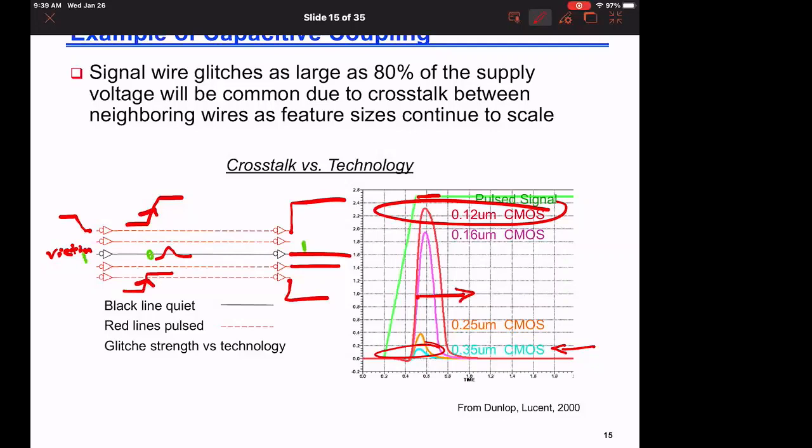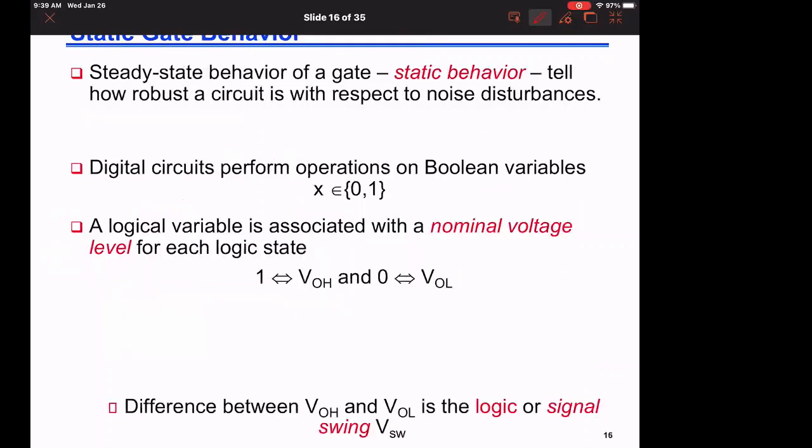So we fear that if this noise is large enough, it can be latched or it can trigger a change in the circuit behavior. So crosstalk is very important. We need to care about it. We need to understand the parasitics and the capacitance. Of course it's a little bit complex, so I'm not explaining it now, but I'm just giving you how it relates to real world problems. Okay.